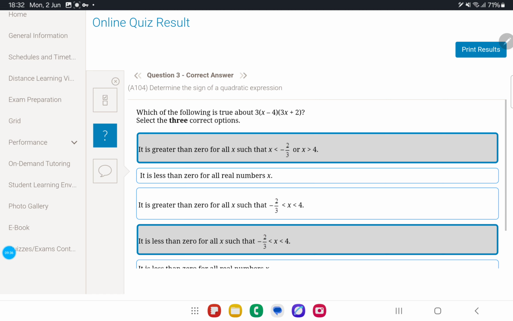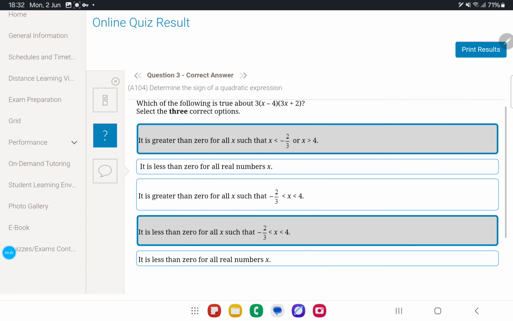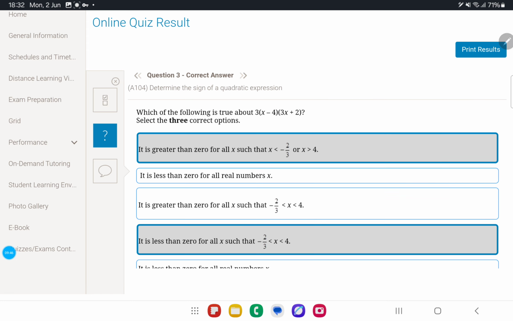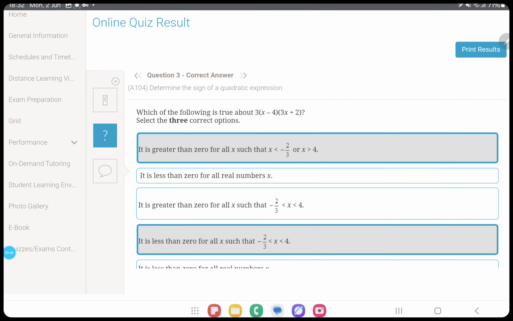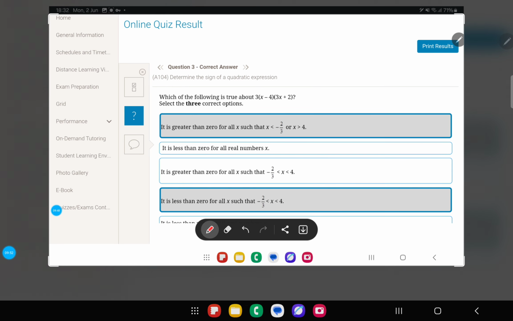Which of the following is true about (3x minus 4)(3x plus 2)? Okay, this is very, very easy. Let me just solve it and then I'll show you the options. So we got 3x minus 4 and 3x plus 2.